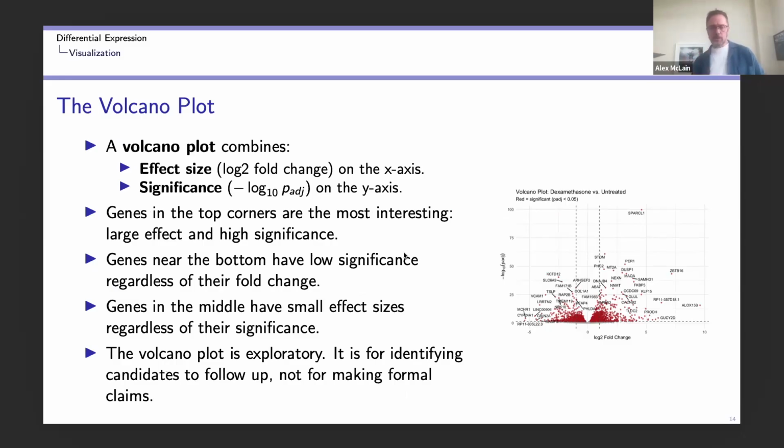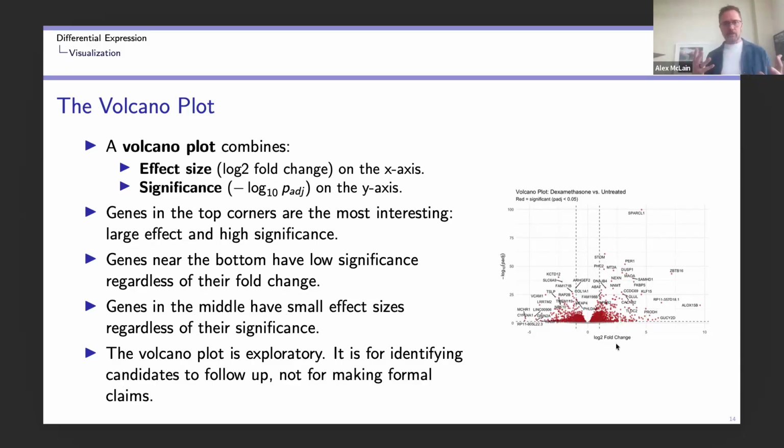The ones we're interested in here are those at the corners. Those will be ones that are highly significant and have a large log2 fold change. Sometimes you may hear me call that an effect size. The log2 fold change is sort of the size of the effect.